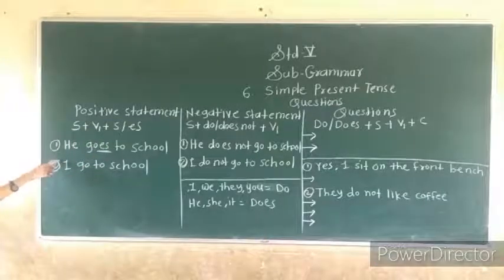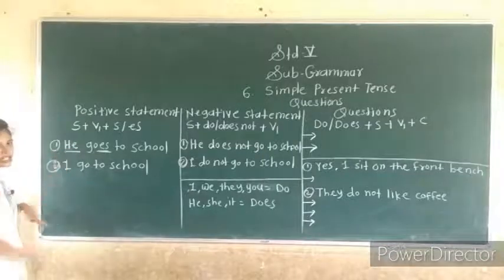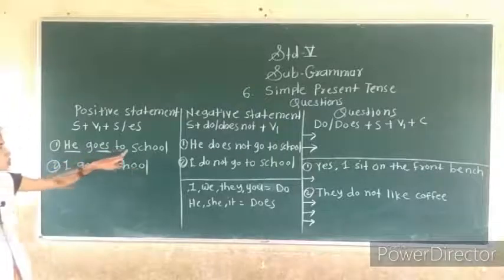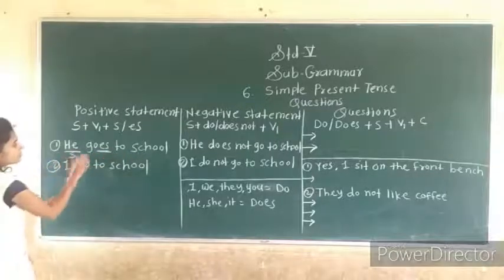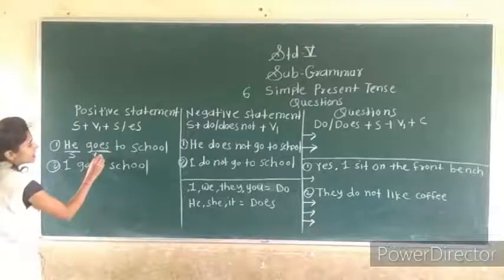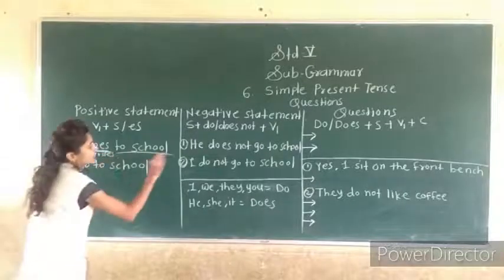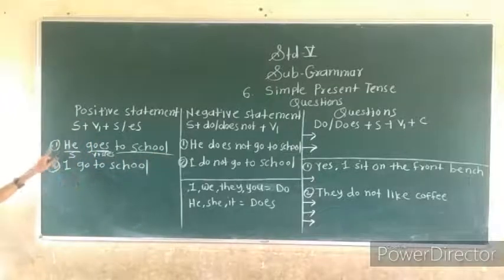Example I have given here, see the first one: he is singular, so I use there s, es. He goes to school. Subject plus verb plus s, es, and the complement. So that is the sentence. Next is with the plural.